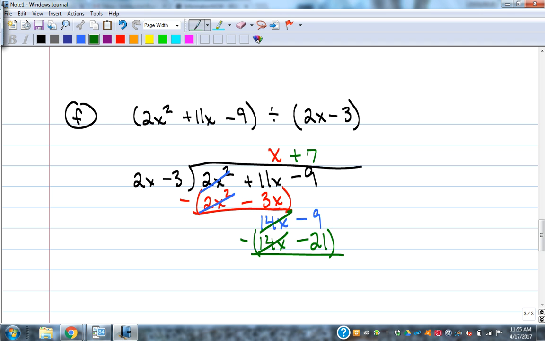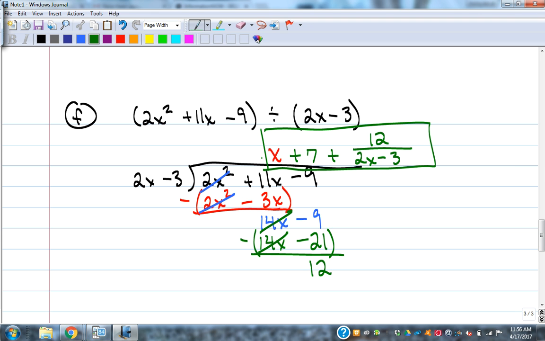The 14x's cancel out. What's negative 9 minus negative 21? Positive 12. That's a remainder, so I'm going to go plus 12 over 2x minus 3. And that's the long division for that particular problem.